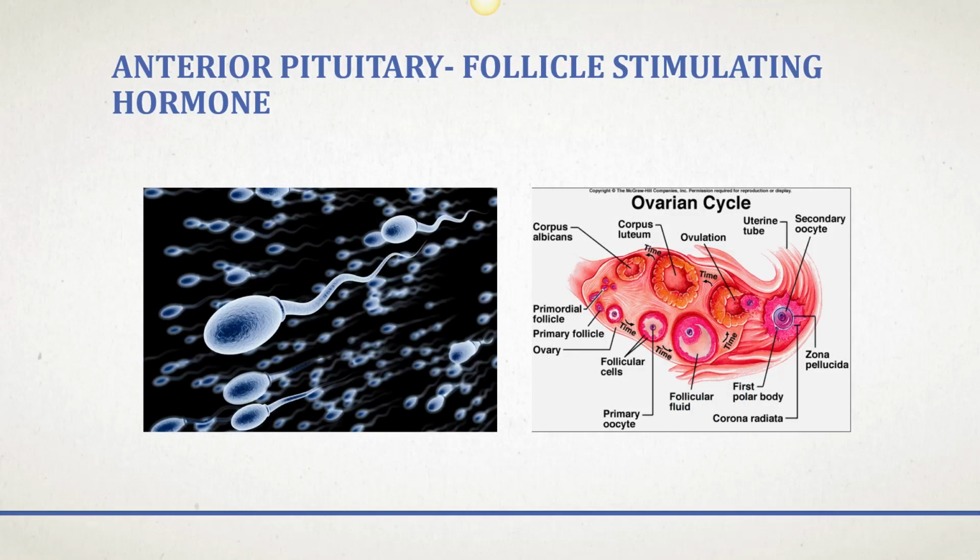Follicle stimulating hormone. We'll learn about this at the end of the semester when we go through the reproductive system. But basically, on the ovary, you have all of these eggs sitting there in these pre-follicles. And once a month, as soon as puberty happens, they are stimulated to start to migrate toward the surface.